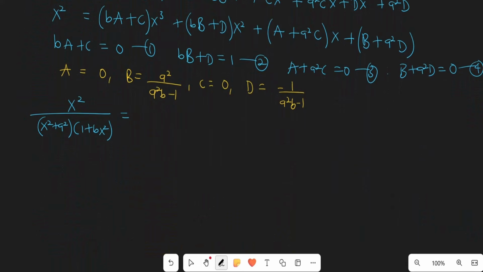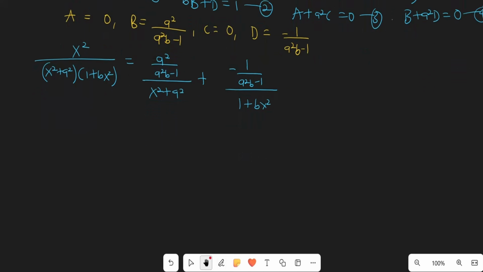So a is 0, so 0 times x is 0 plus b, so that is going to be b is a squared all over a squared b minus 1. This is divided by the first factor, x squared plus a squared. And then plus cx plus d, c is already 0 plus d, and d is going to be negative 1 all over a squared b minus 1. This is divided by the second factor, which is 1 plus bx squared.